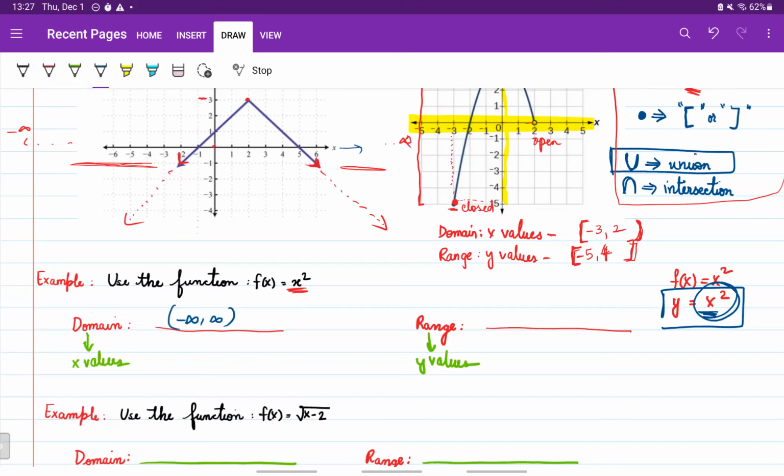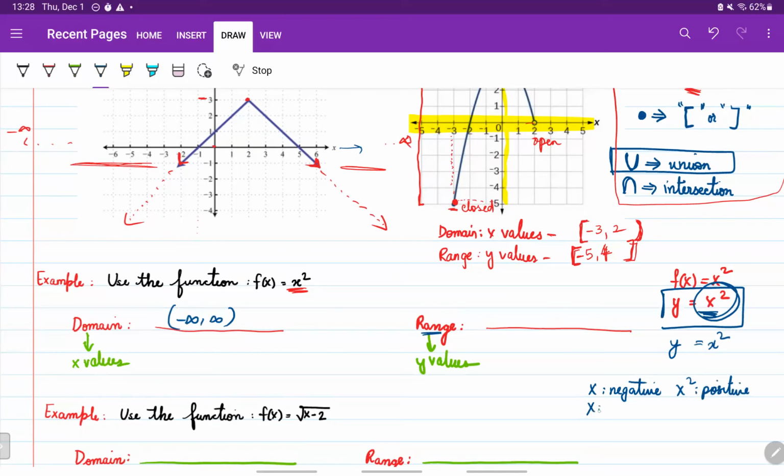All the real numbers. And then the range is what are all the y values that this function can take. What does this mean? That means that for whatever x it is, if you have x squared, what are all the values that y can take? Which will be all the non-negative numbers. Because if x is negative, x squared is positive.